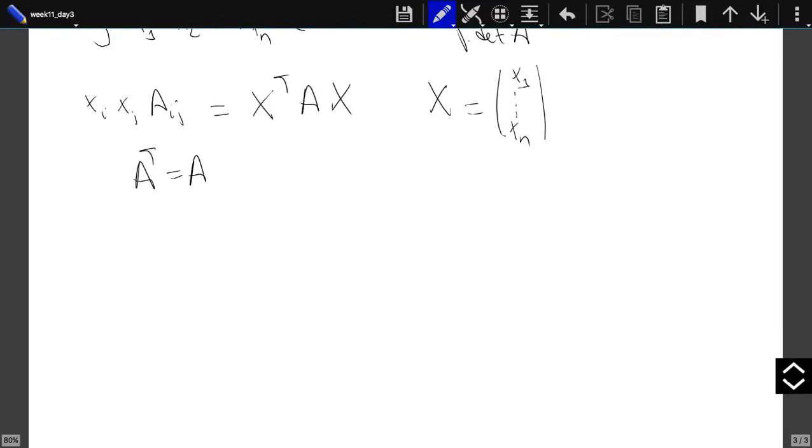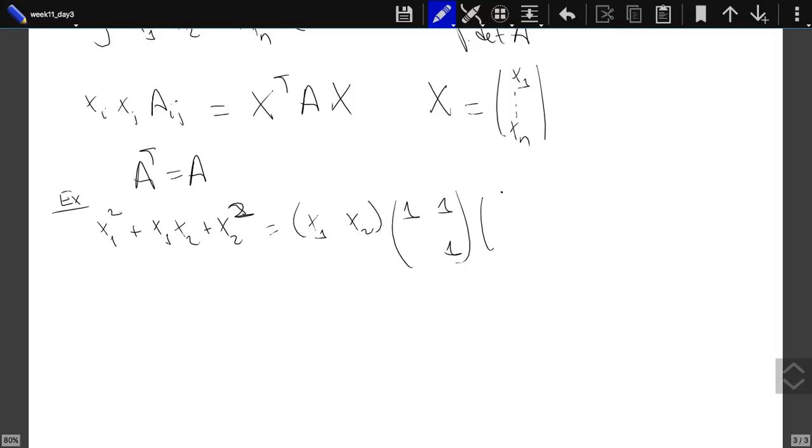Let's do an explicit example. Let's say we have n is just 2. We have x1 squared plus x1 x2 plus x2 squared. I can write this as (x1, x2) times the matrix 1, 1, 1, 1 times (x1, x2).